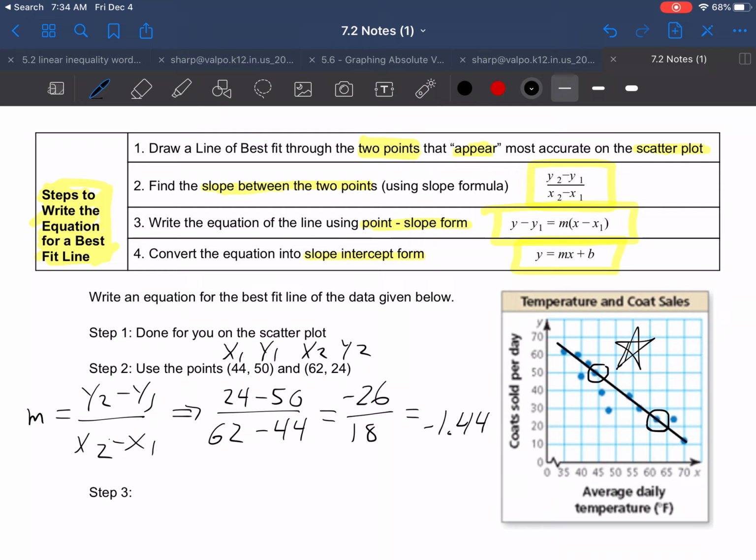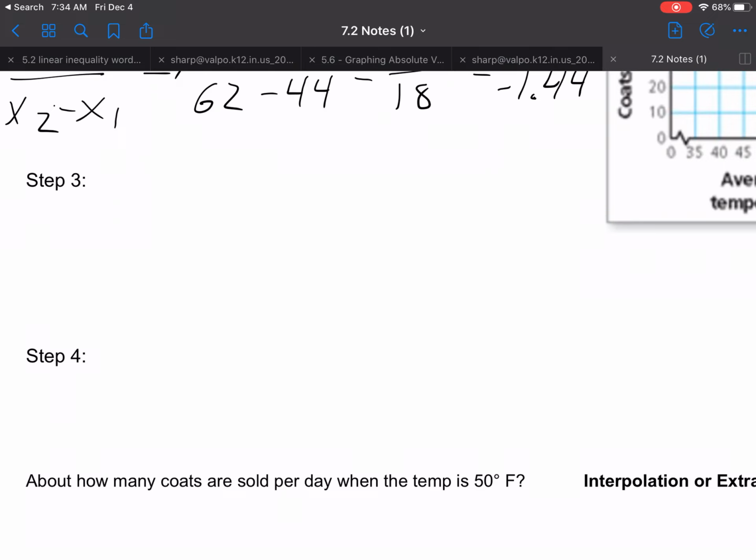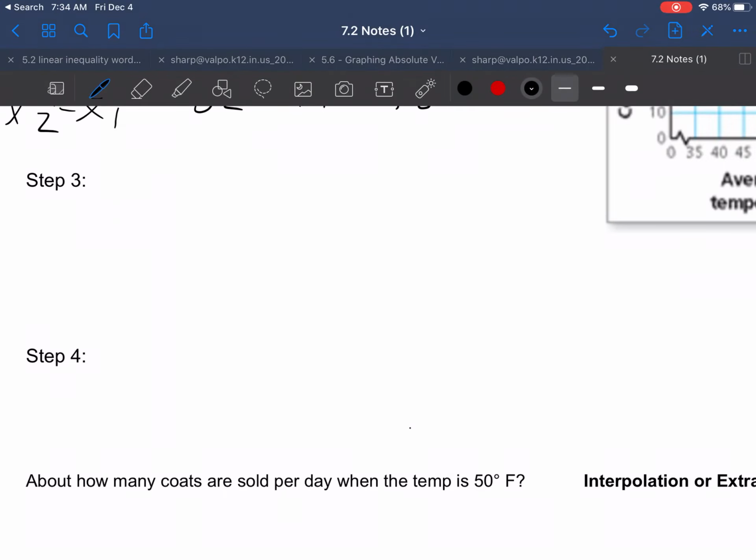Okay, so for point slope form, I need to scroll down just a bit. I need to take y minus the y1 coordinate equal to the slope that I just calculated of negative 1.44, and I need to put that into x minus the x1 coordinate. So just choose one of your 2 points.